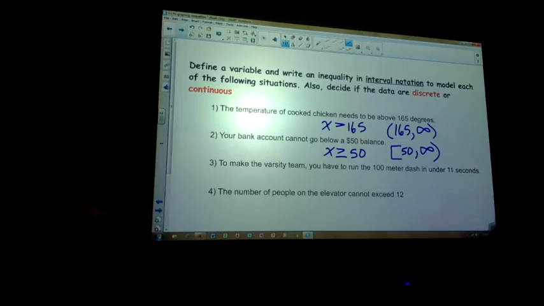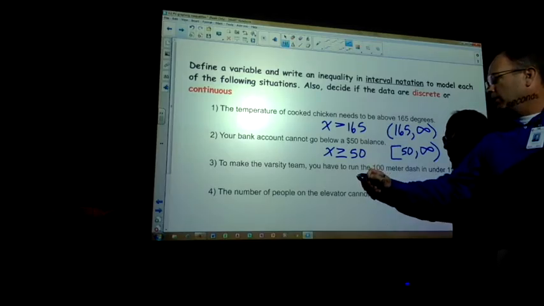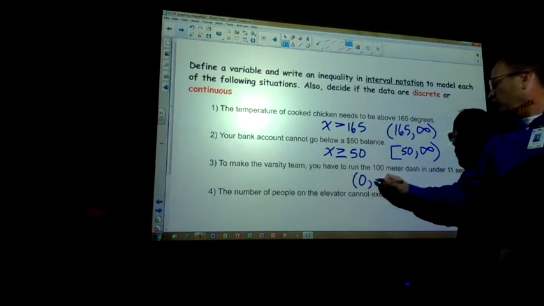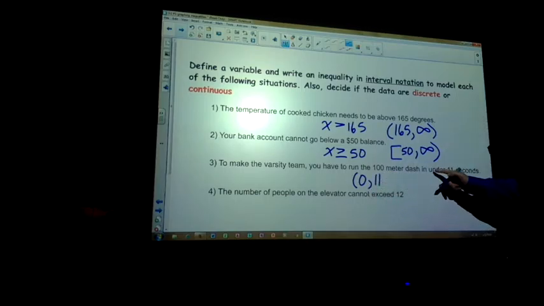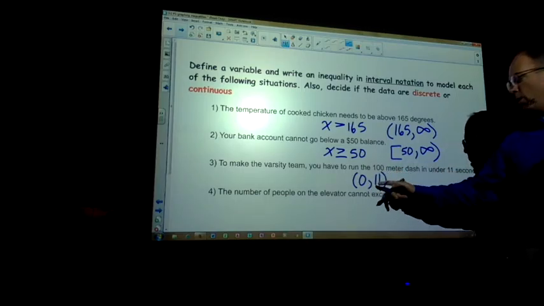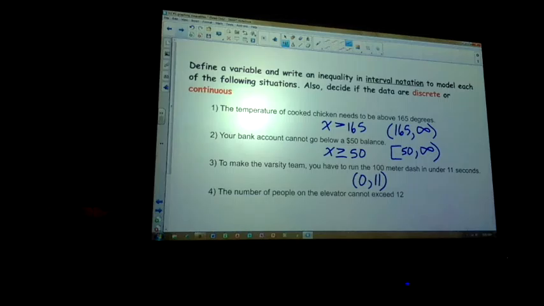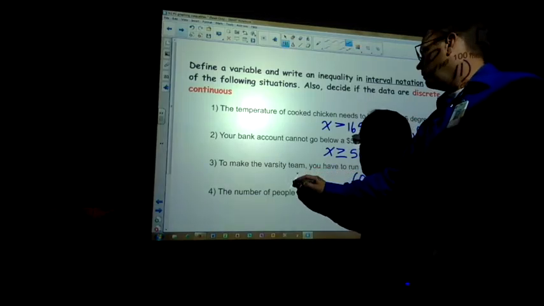So you're going to go from 0 to 11, and it says you need to run it under 11 seconds. So boom, the equation is like that.